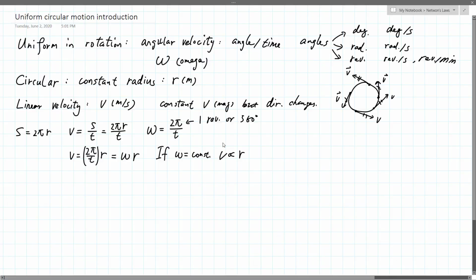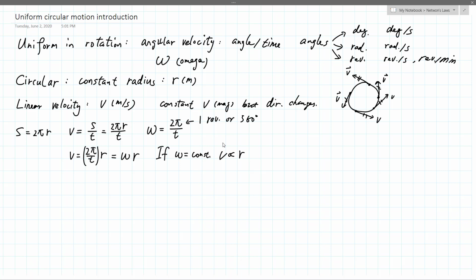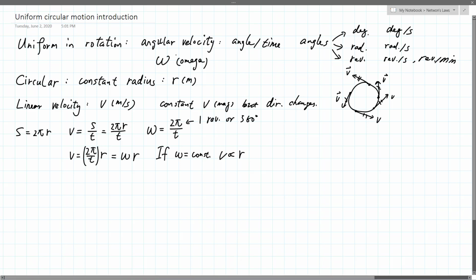So now we have the basic ingredients of uniform circular motion. There's the angular velocity and linear velocity, and also a radius. You could also have this T, the period.